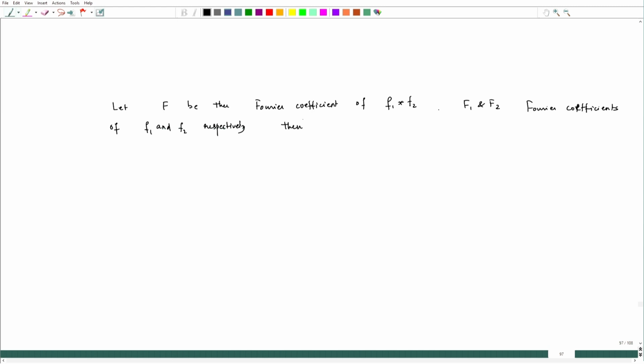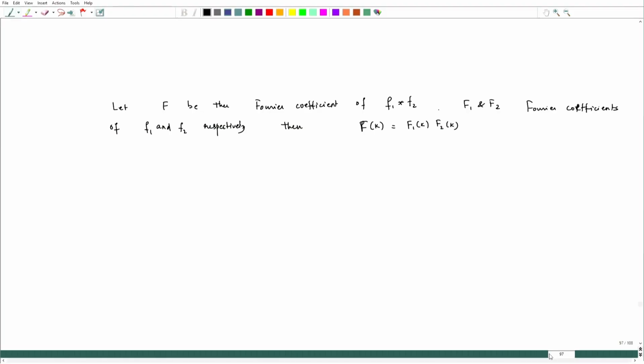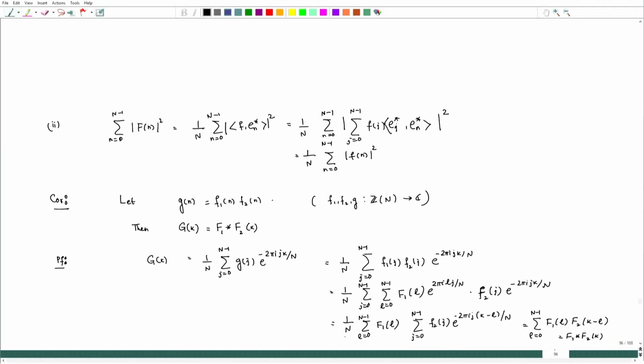Then f of k is equal to f 1 of k into f 2 of k. This we have seen, and now the other way around also, because of the inversion formula, just now we have seen that if the function is the product of two functions, then their Fourier coefficients are nothing but the convolution. Okay.